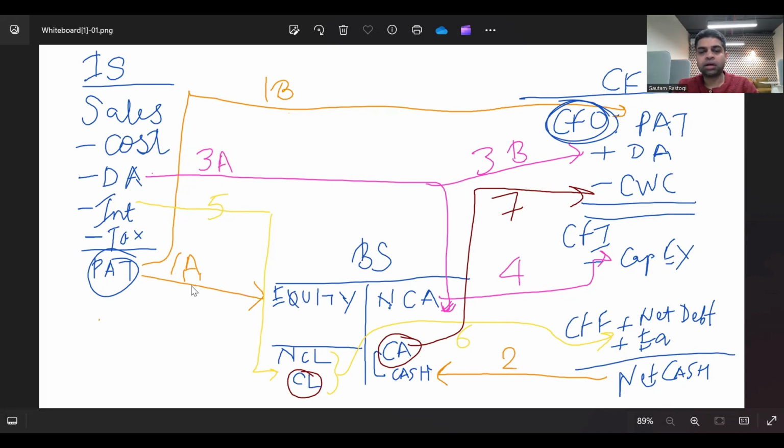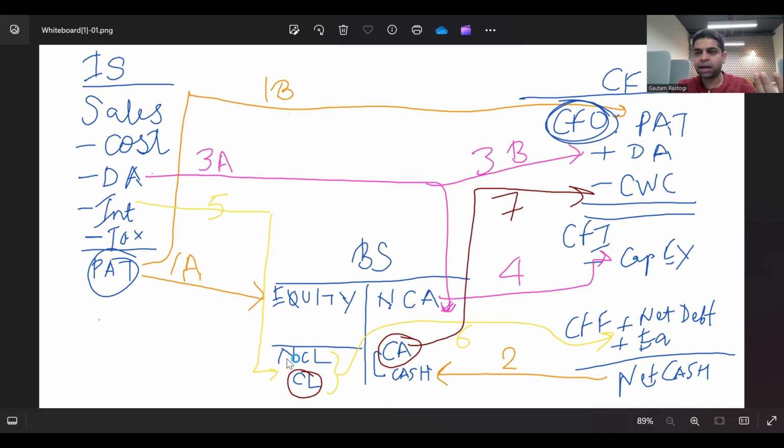Most of the links have not been formed yet because we are yet to start building out the cash flow statement. Once we do that, then all of these links should not take a lot of time at all. I just realized that this link, income interest, has not been linked yet.